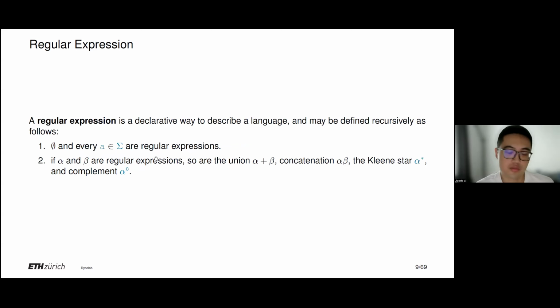We can use regular expressions to describe formal languages, where we have the symbols from the alphabet, union (plus), concatenation, the Kleene star, and the complement.